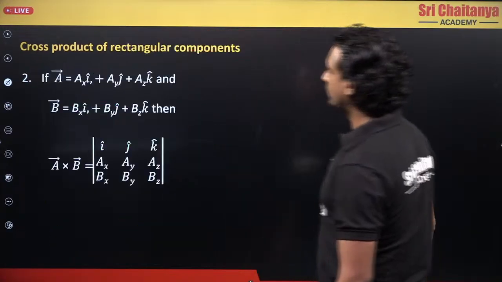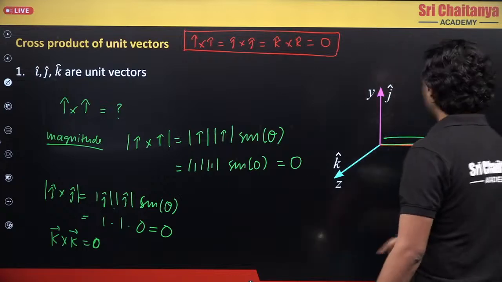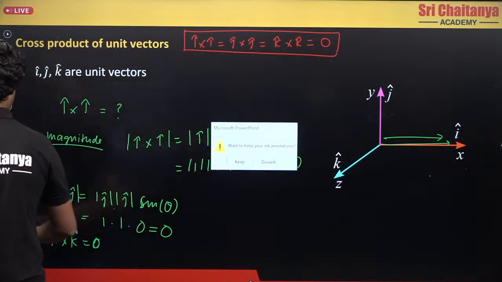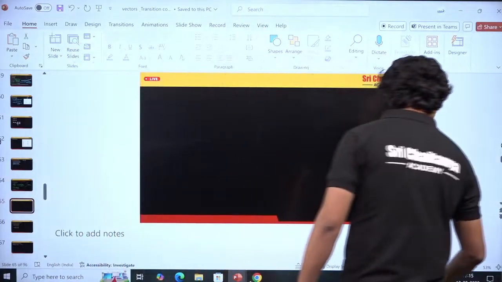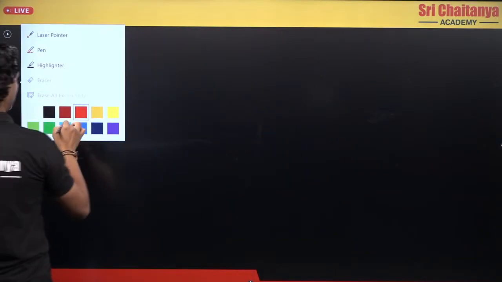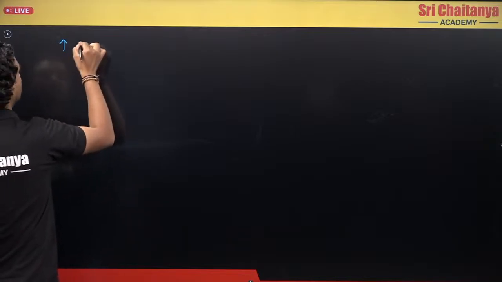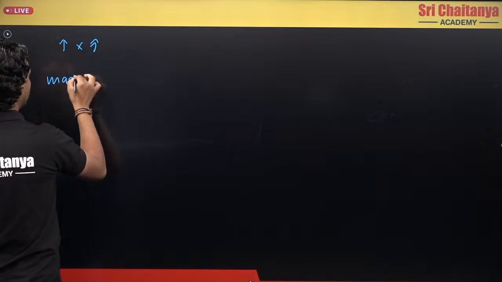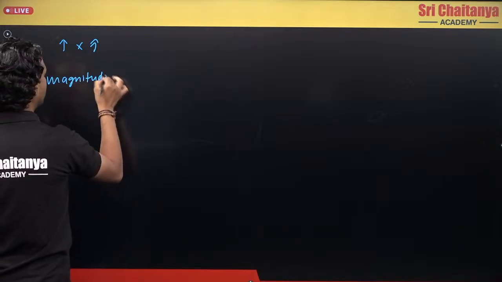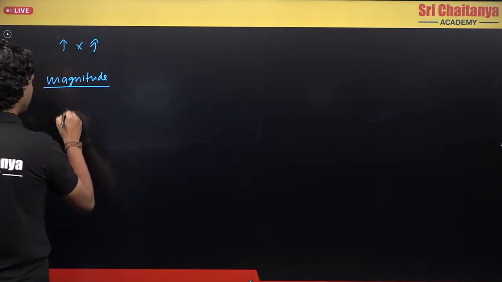But now what about i cross j? Let's find that. So now let's suppose I want to find i cross j. First let's find the magnitude part. How do you find the magnitude?